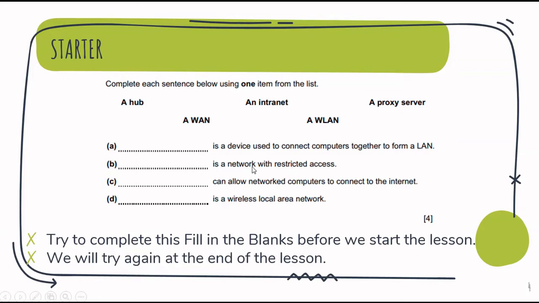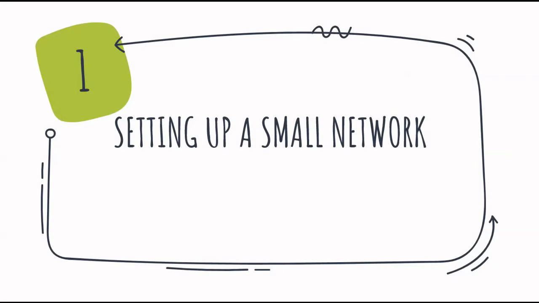What is the network with restricted access? What can allow network computers to connect to the internet? And what is the word for a wireless local area network? So take a moment to pause here and think which of these 5 words can fill up these blanks. We will come back to this again at the end of the lesson.